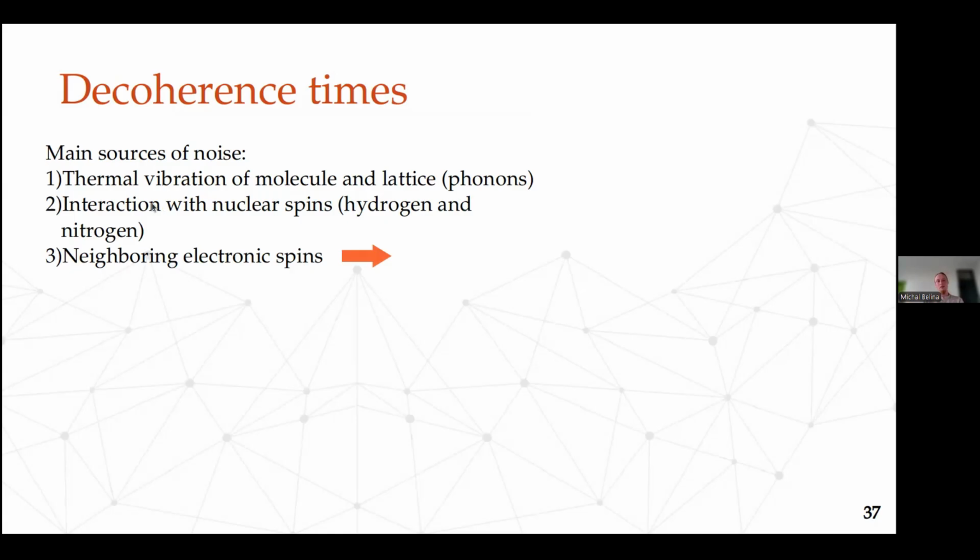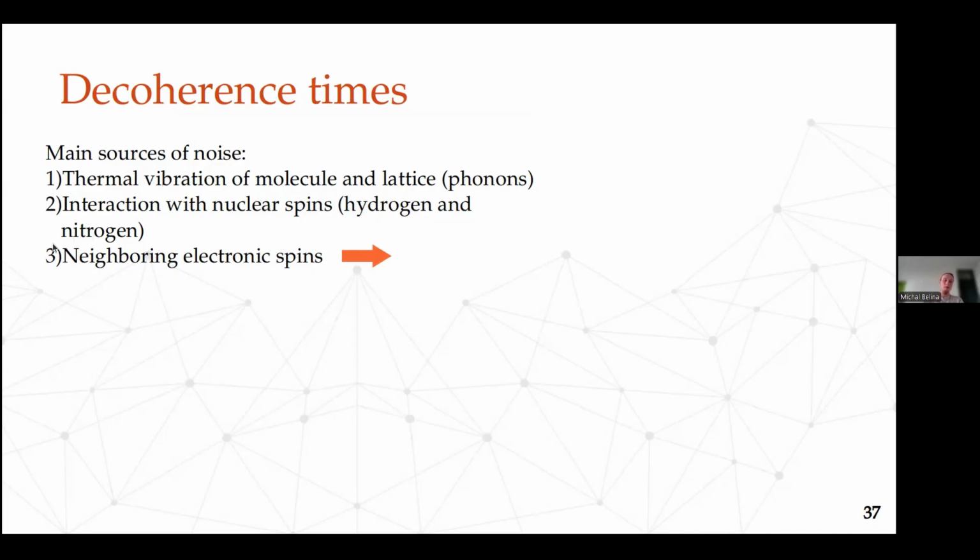Then there is interaction with nuclear spins, and mostly it's hydrogen and nitrogen, and these are not easily solved, because if you want to create these ligands using organic chemistry, there will probably be some hydrogens or carbon-13s which will interact with this.